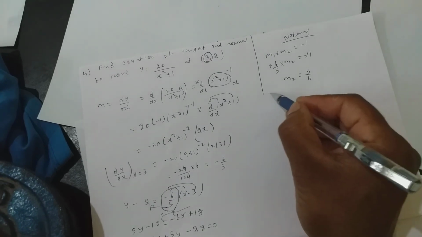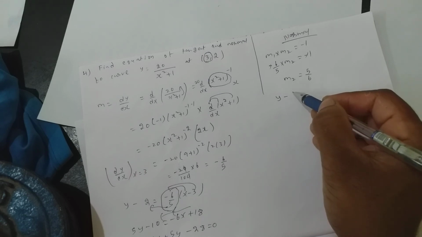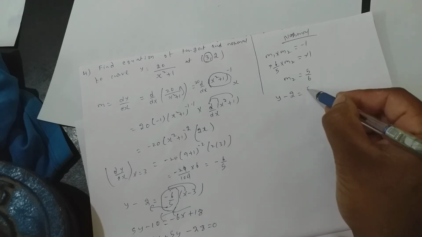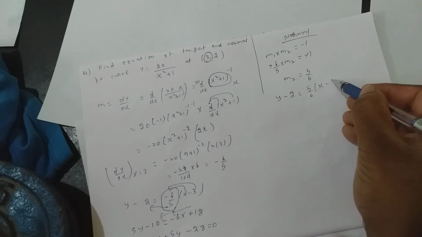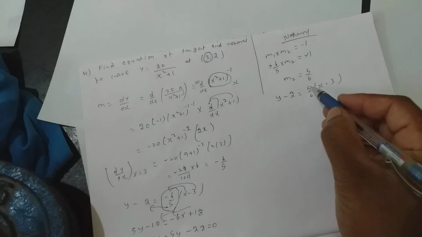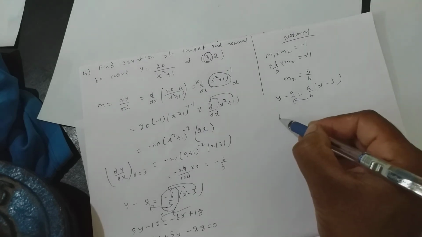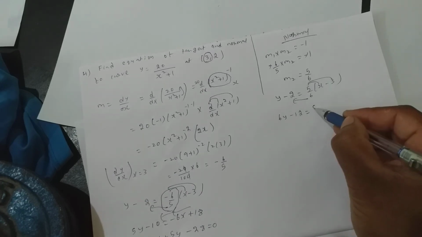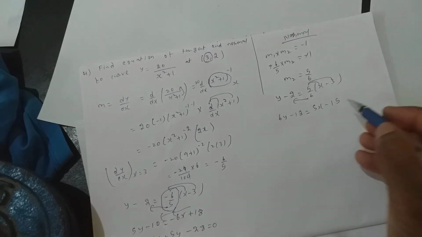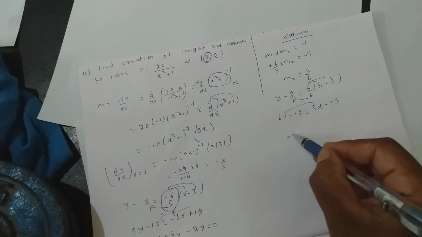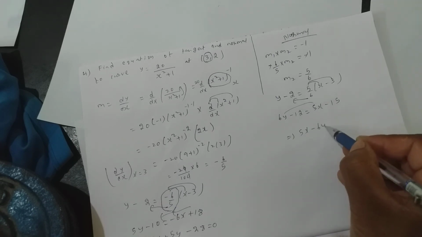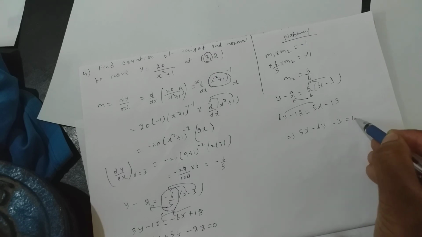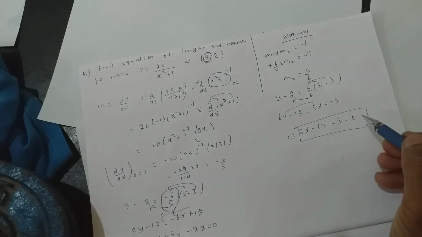So the equation of the normal now becomes y minus y1, which is 2, equal to 5 by 6 times x minus x1, which is 3. Fraction, send it to the other side. 6y minus 12 equal to multiply this with 5. So how much do you get? 5x minus 15. So bring it here. So 5x minus 6y minus 3 equal to 0 is the equation of a normal.